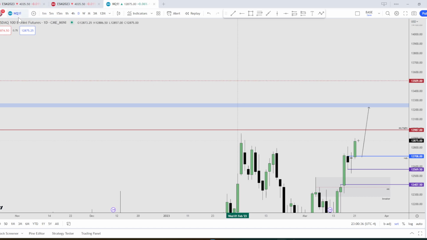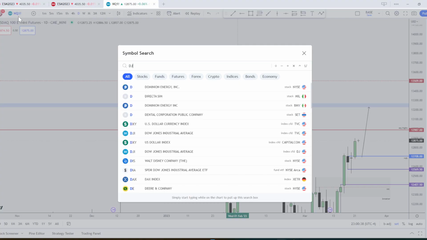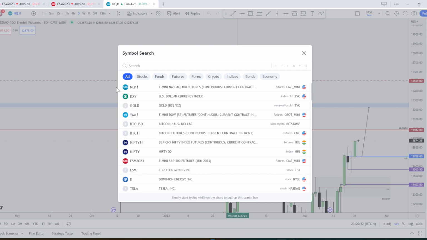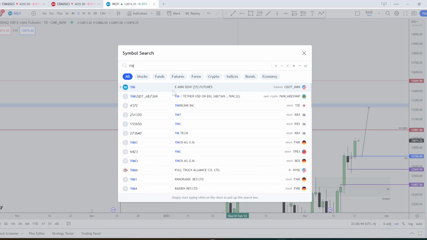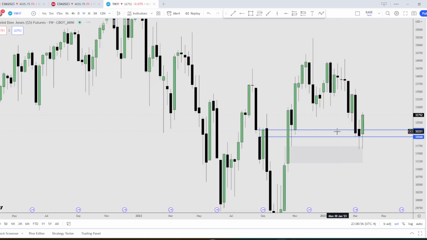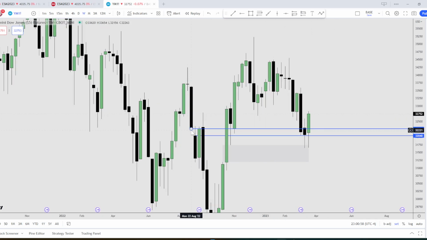And if you take a look at the Dow Jones, you can see how prices are closing within this area right here. So what is this area? This is a previous weekend opening gap, right?